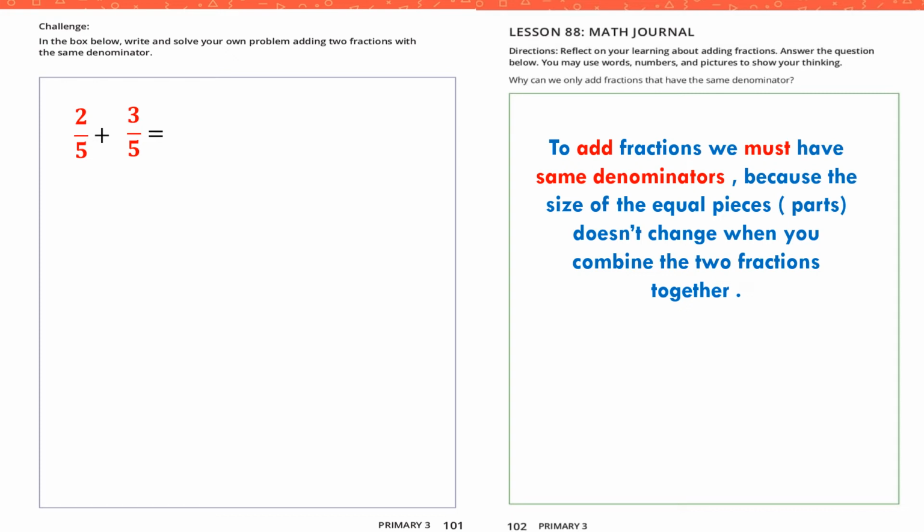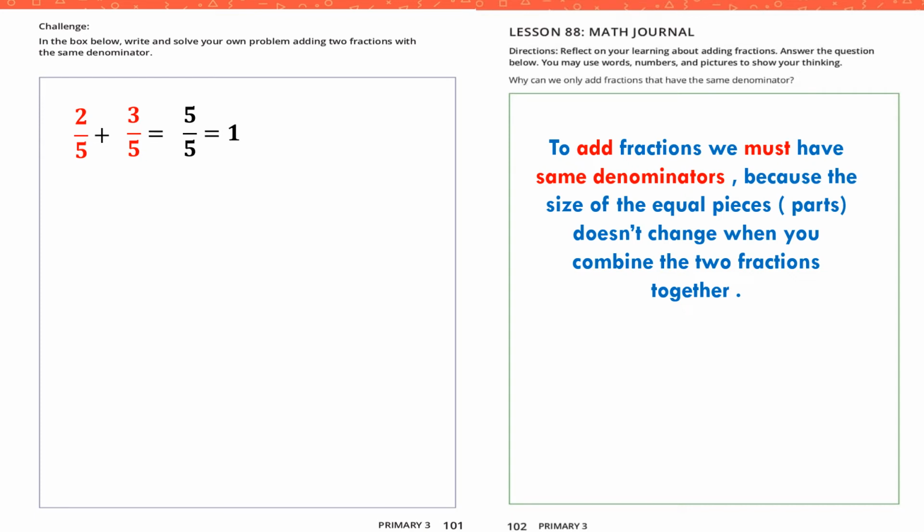And step number 2, add the two numerators. So here, 2 plus 3 up equals 5. And look at the bottom, we have the same denominators, so put 5 as it is in the denominator. 5 over 5 equals 1 because it's a whole fraction, and we said before any number over itself equals 1.